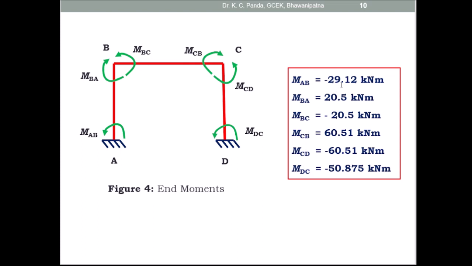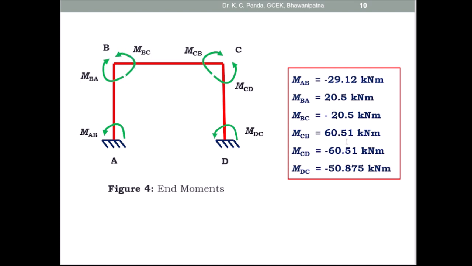So MAB minus 29, as the moment is negative, the direction is anti-clockwise. This is MAB anti-clockwise, and MBA this is 20.5 positive. So here you give the clockwise direction, and MBC minus 20.5, so here you give anti-clockwise.